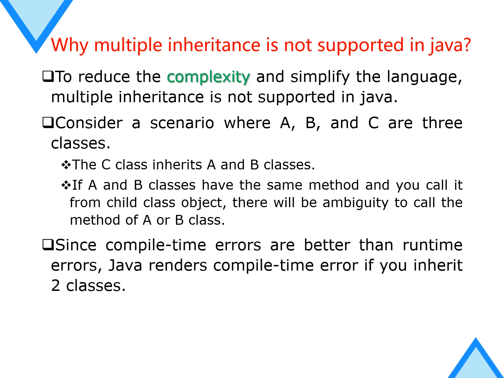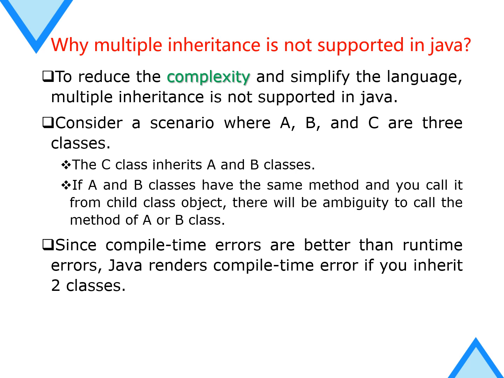Since compile time errors are better than runtime errors, we will receive a compile time error if we do multiple inheritance in Java. Runtime errors are dangerous and compile time errors are better than runtime errors.